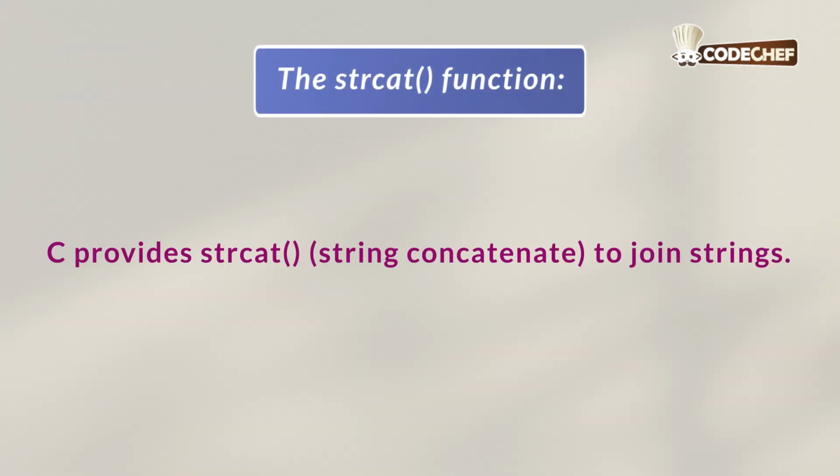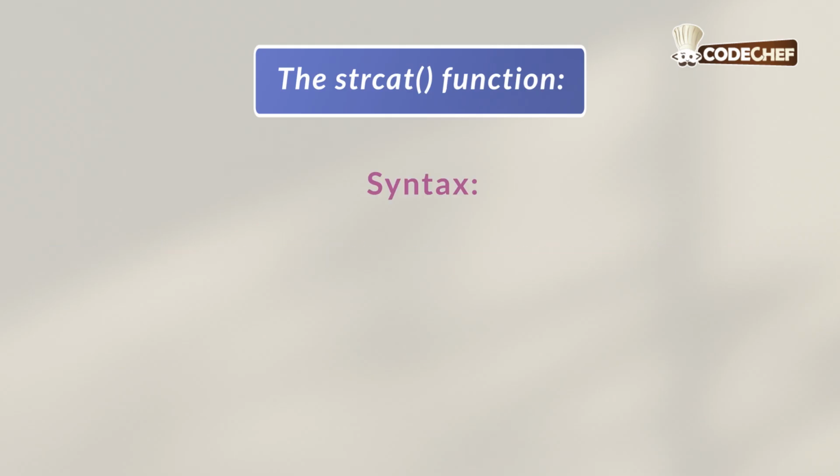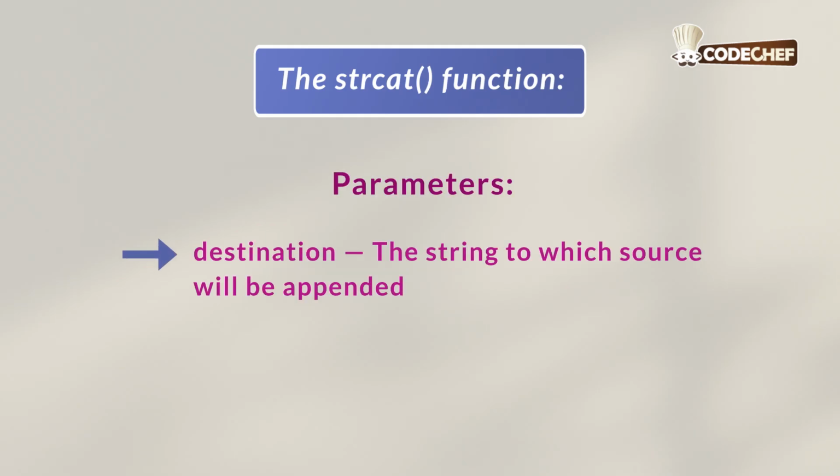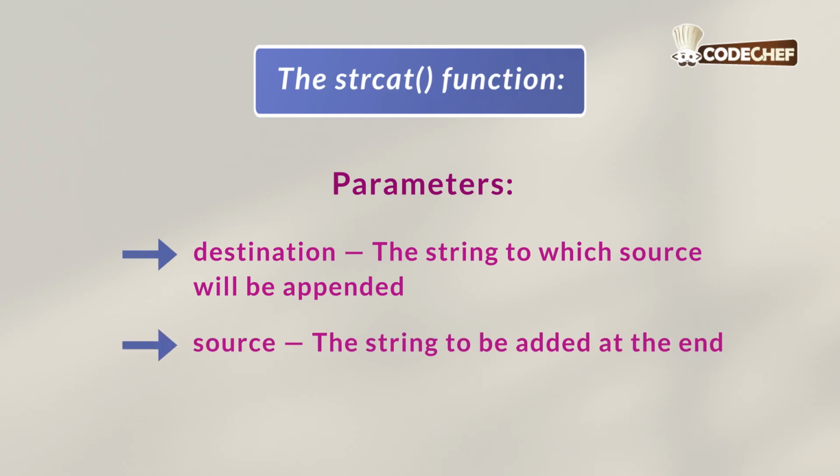C provides strcat, or string concatenate, to join strings. The syntax for the same is strcat(destination, source). The parameters are: destination is the string to which source will be appended, and source is the string to be added at the end.